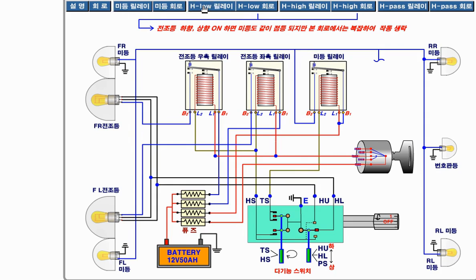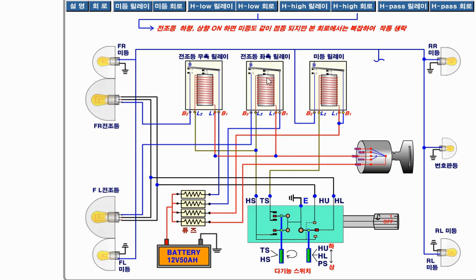Now for the low beam headlight, current flows towards these relays from this ignition switch. That means current flows from this fuse towards this ignition switch, and then from this node current flows towards this relay, and then from this node current flows towards this relay, and then current flows from this node towards this HS terminal, and then grounded over here.